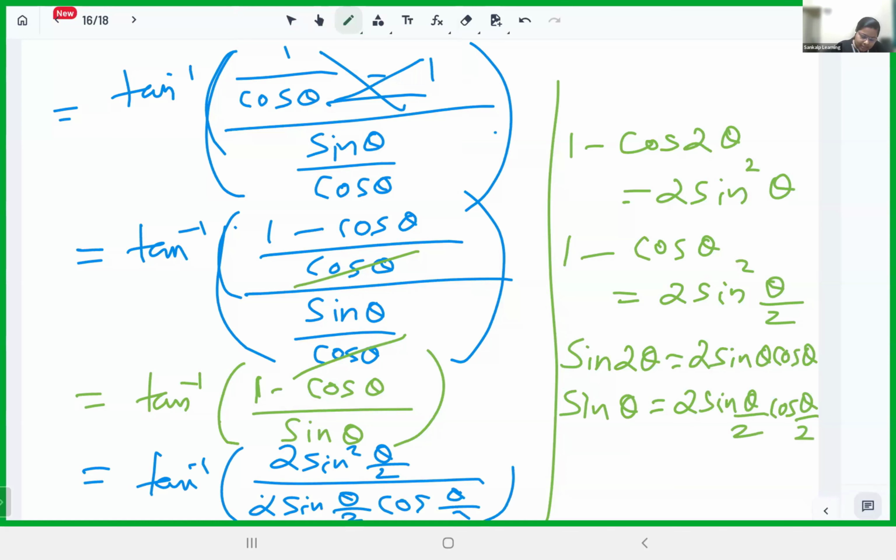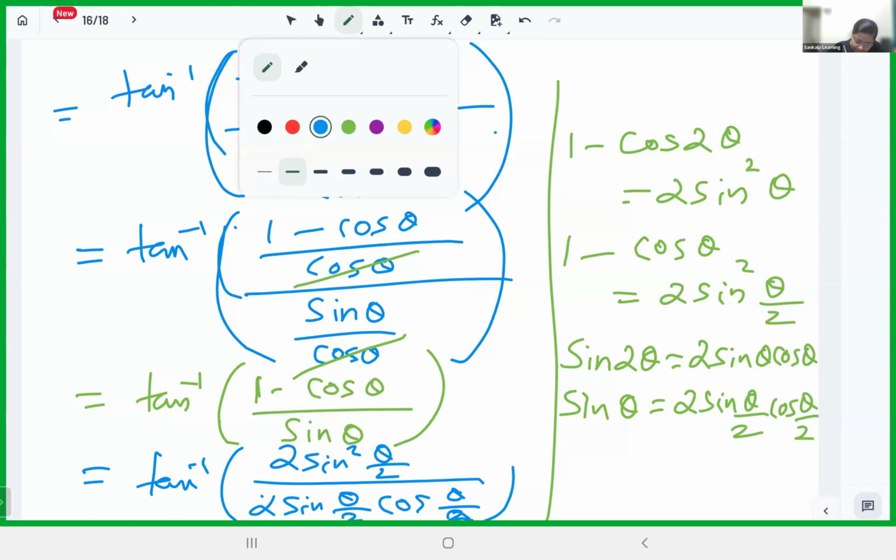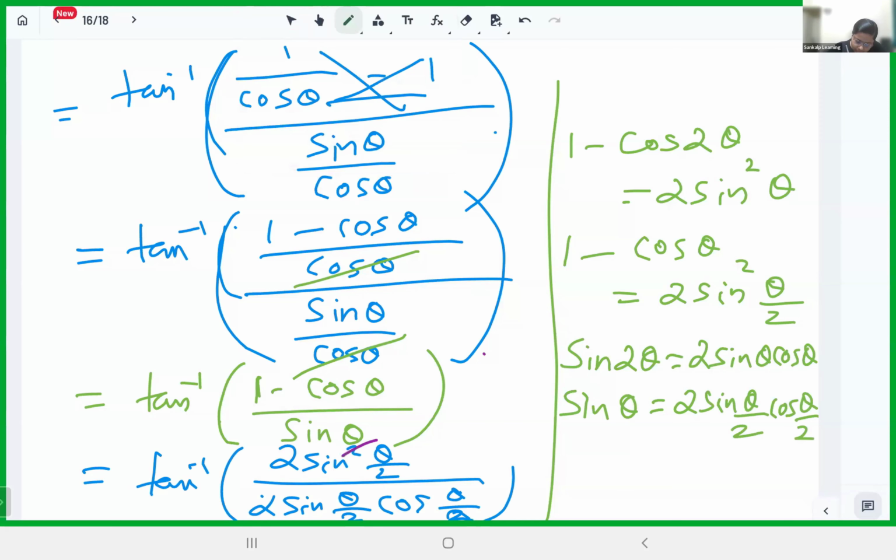Okay, and we can cancel this 2 sine theta. 2 and 2 get cancelled. Then one sine theta by 2 can be cancelled with the sine theta by 2 of the denominator. So what is remaining here?